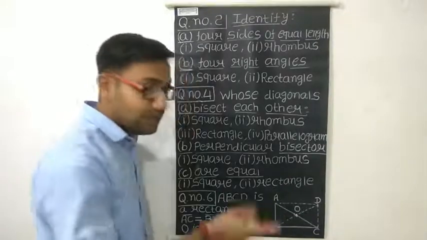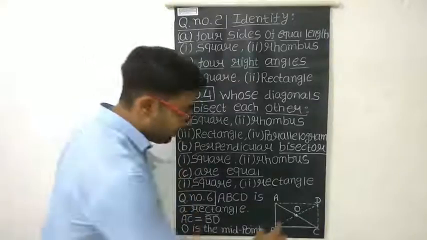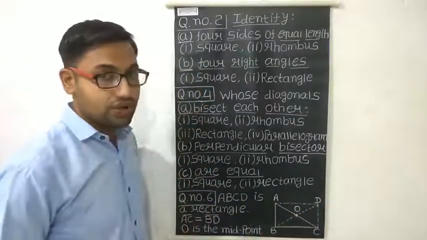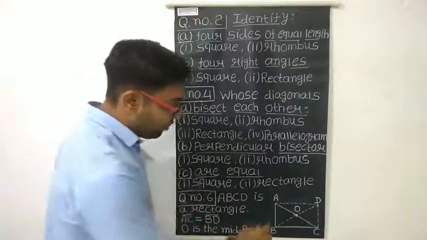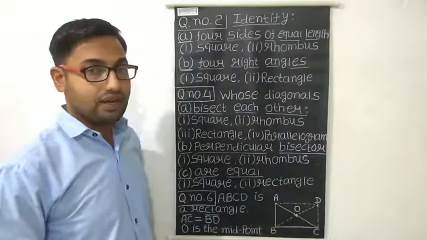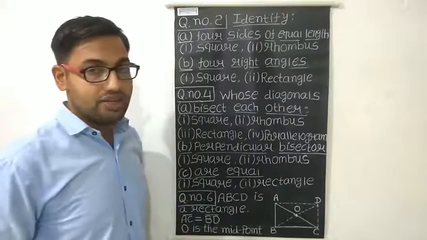So OA is equal to 5 centimeter, OC is equal to 5, OB is equal to 5 and OD is equal to 5 centimeter. So O is equidistant from all the points A, B, C and D. Understand? Okay. So this is all about this lecture. Thank you.